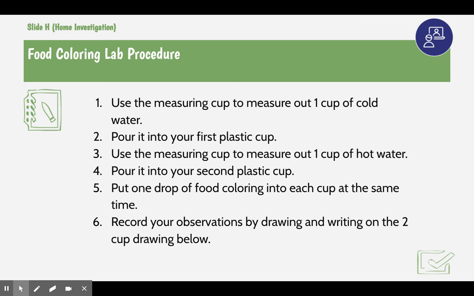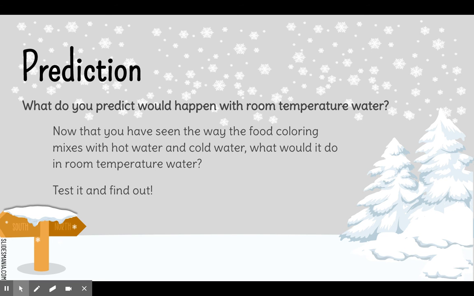And then here are the procedures. There are 6 steps that you will follow. Again, these slides are in Google Classroom, so you can go back and actually do this lab after the video. And then there's a place for you to make a little prediction about what you think would happen. You tested hot water and cold water. What would happen with room temperature water?